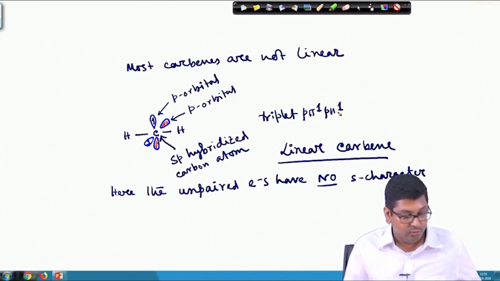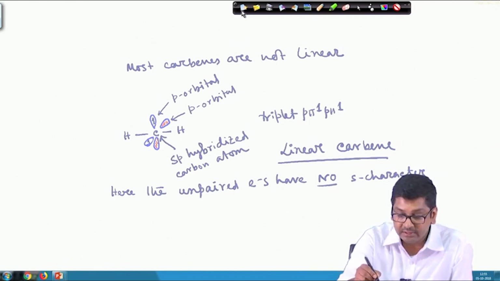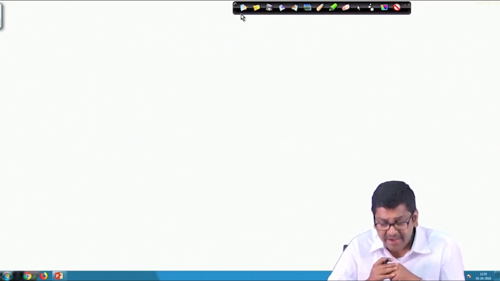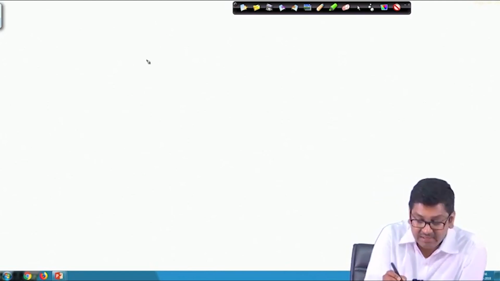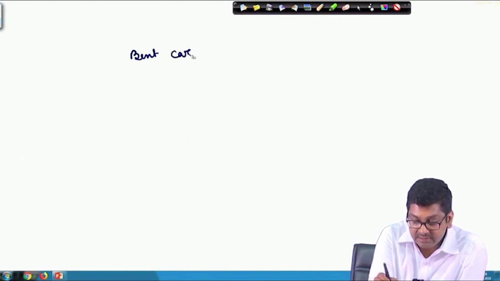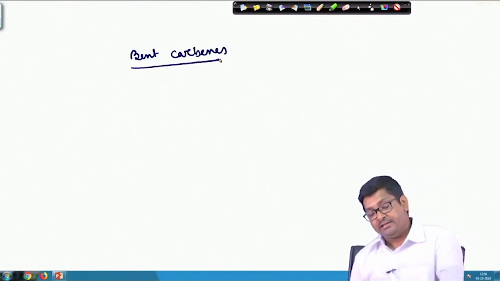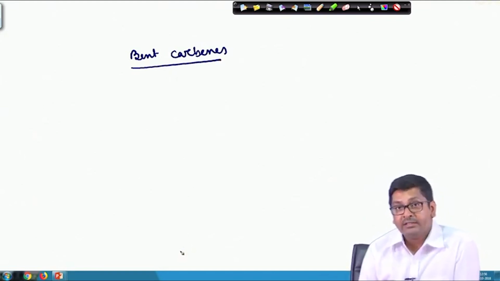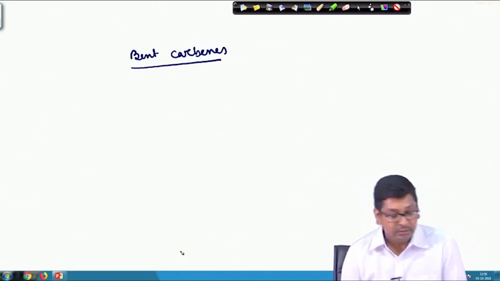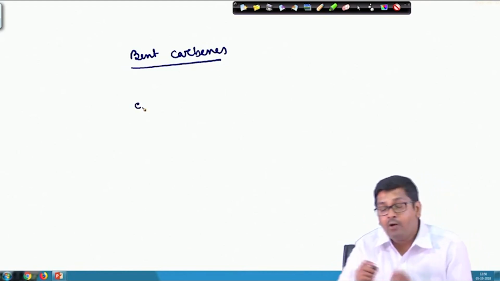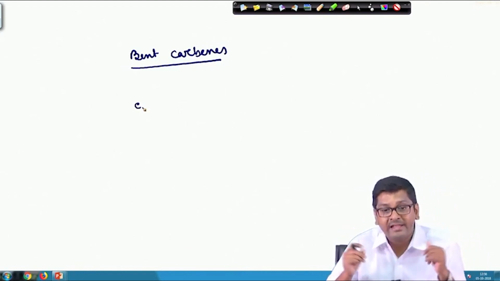Next, if we see these bent triplet and singlet carbenes, as I said, most of these carbenes are bent, and that has been proved experimentally and theoretically. So, what are their structures and how do these bond angles behave?